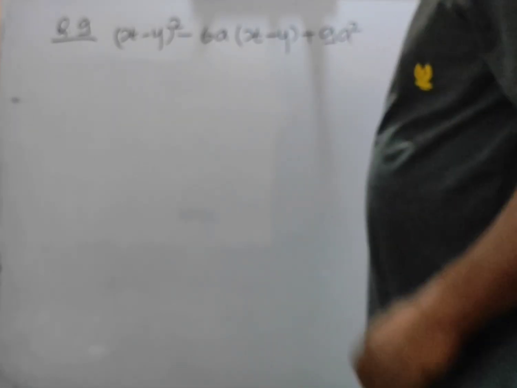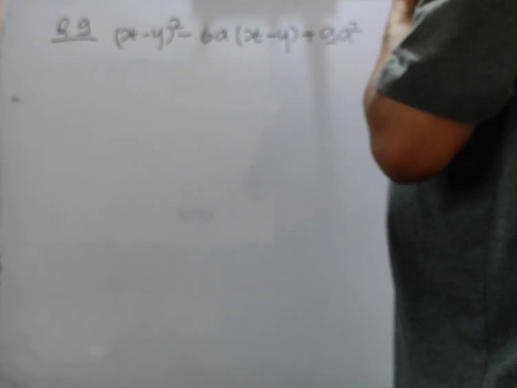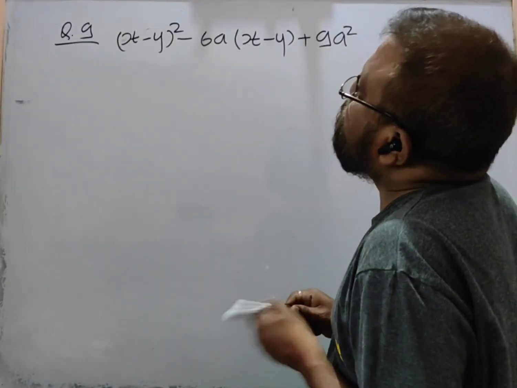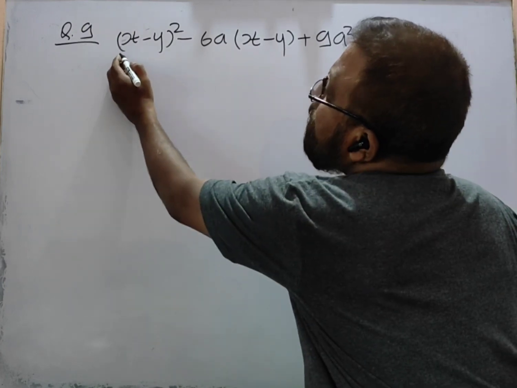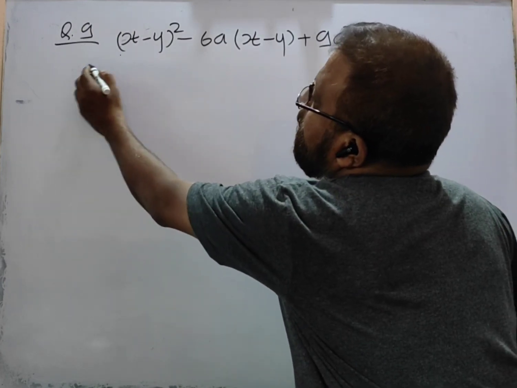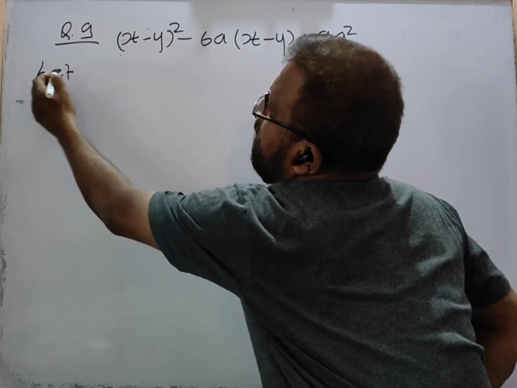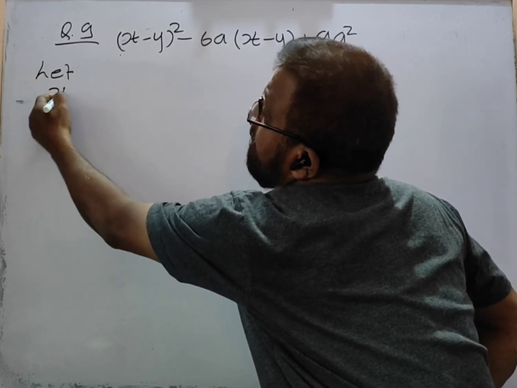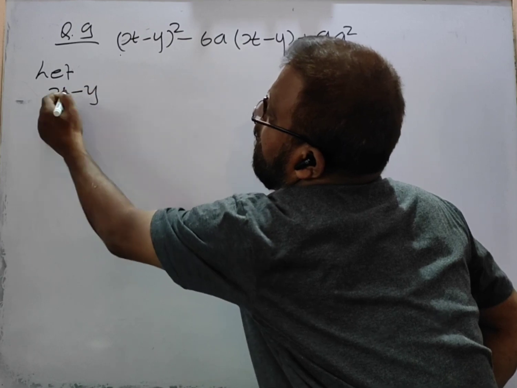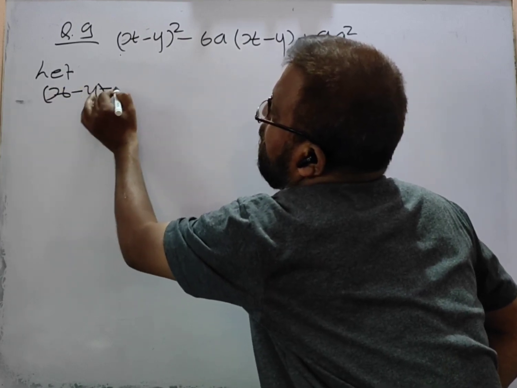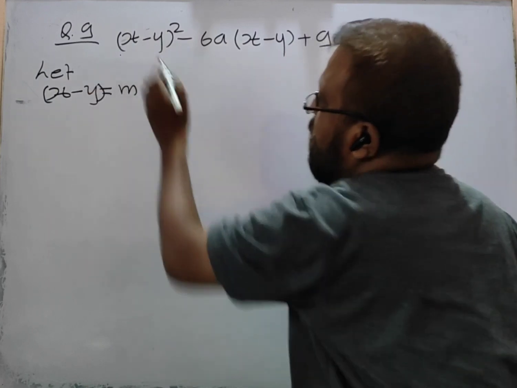So what I do, if I consider it, let x minus y is equal to m. We give it a variable m, right?